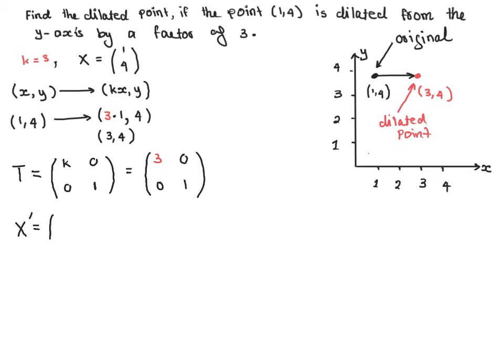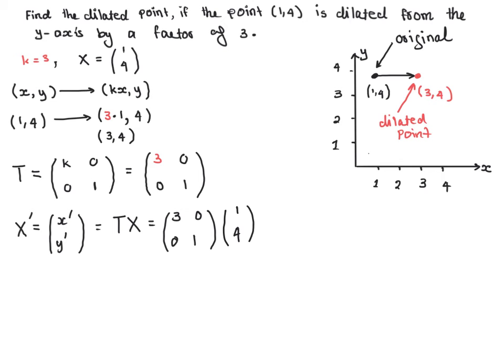which represents the new x and the new y, would be equal to T times the old x, where T is equal to 3, 0, 0, 1. The old x, the old point, is equal to 1, 4.